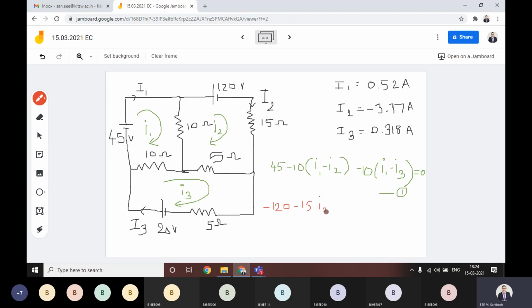For that reason 15 into I2. Then 5 is the common element between second loop and third loop. For that reason, whatever equation we are writing, we will assume I2 is greater value. Okay.